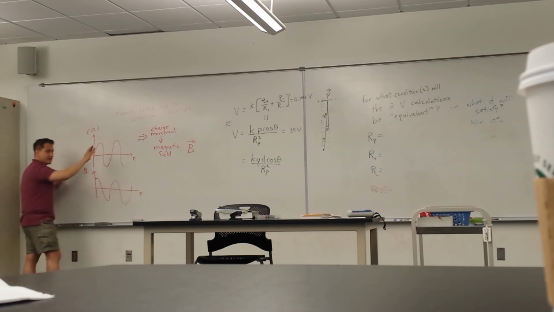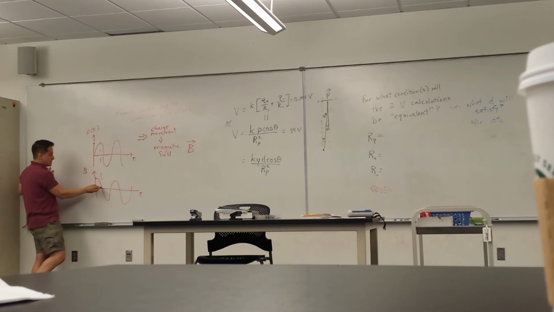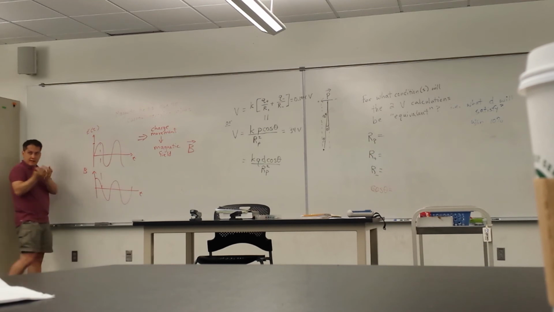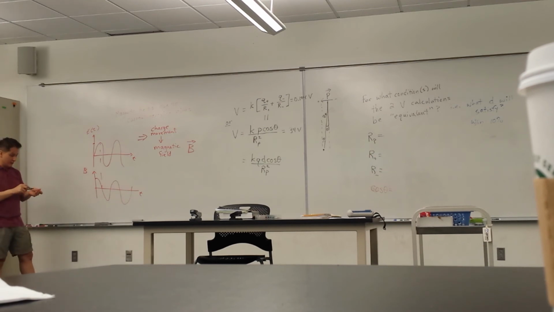I'm not going to worry about the magnitude of this thing, but it would be out of phase with the electric field. And it's these changes that ultimately disturb and interact with the space around it. And you get this self-perpetuating light experience, if you will. So it's a crazy thing.